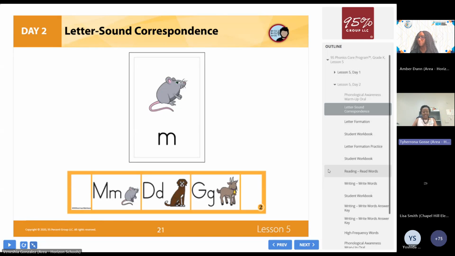Excellent. Here are the steps. I want you to find the lowercase m next to the mouse picture. Place your finger on it. While tracing the letter, say three things: the letter name M, the keyword mouse, and the sound.